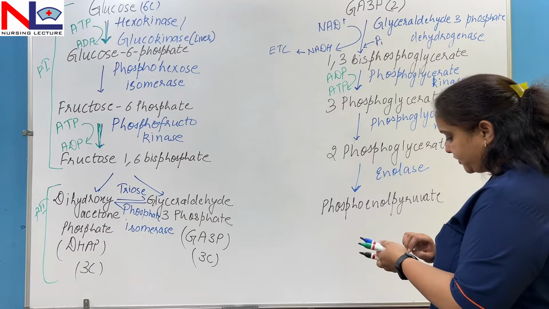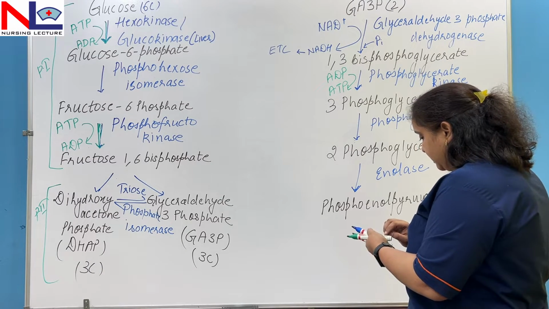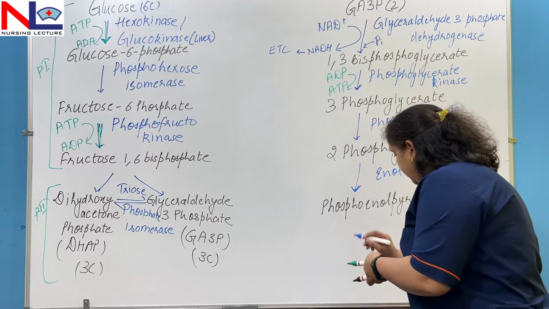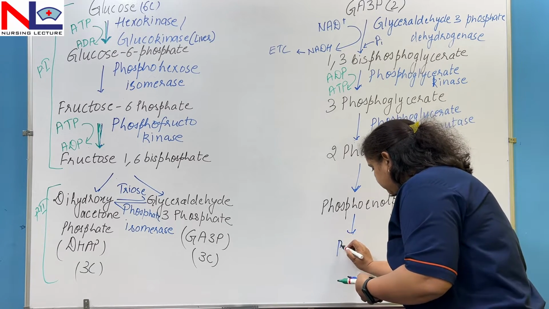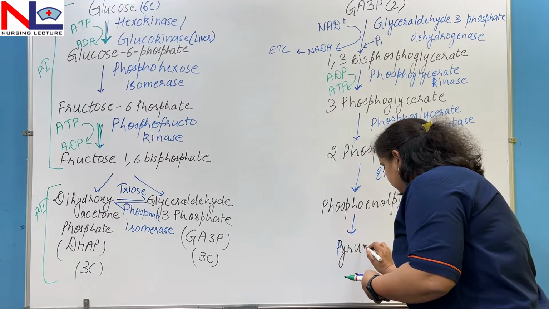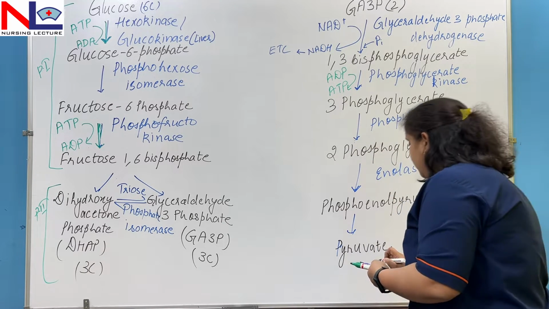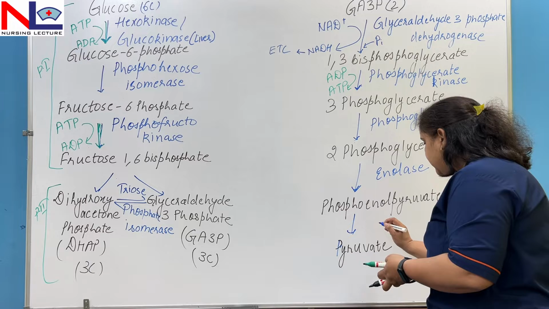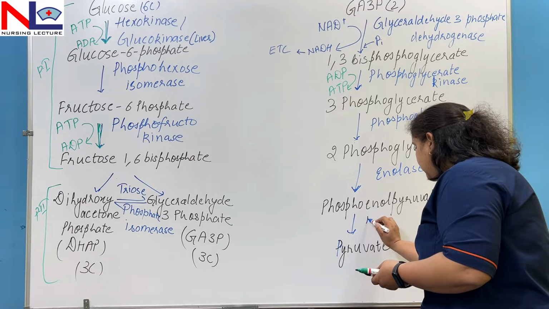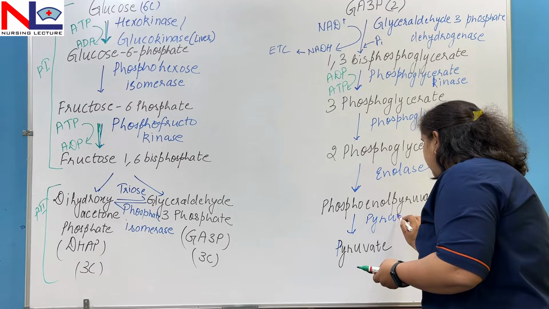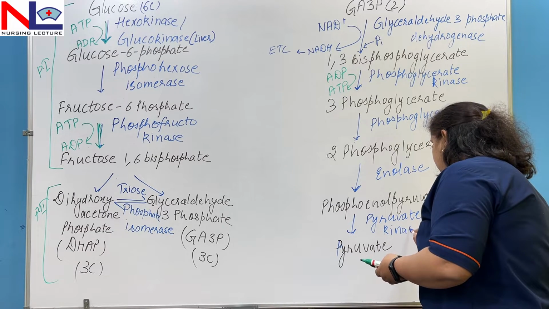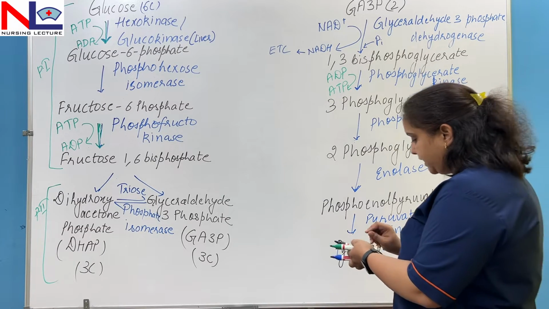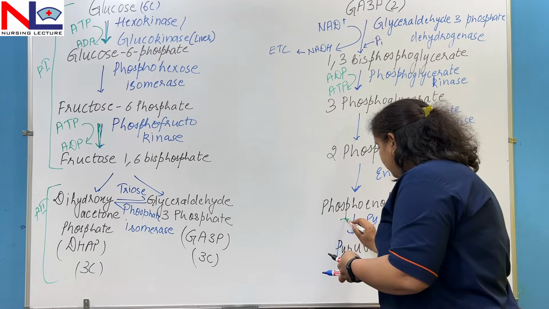Now the last reaction. The end product that is being formed here is pyruvate. So to catalyze this reaction, the enzyme that works here is pyruvate kinase. It means again substrate level phosphorylation occurs.